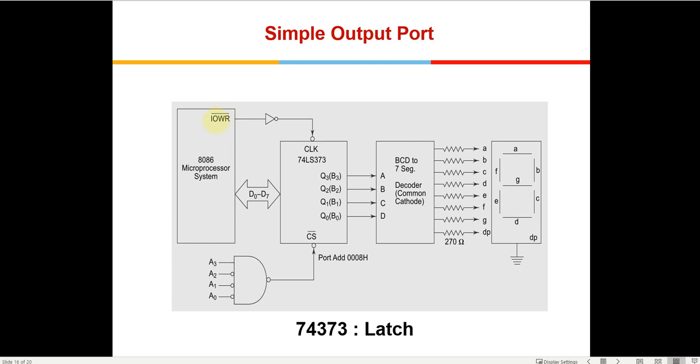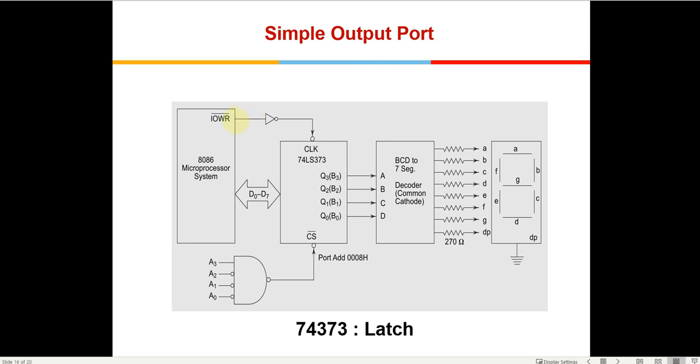Although it is shown here as a single pin, it also needs to be generated externally using those 2 pins of the 8086, and we are going to use it as a clock.